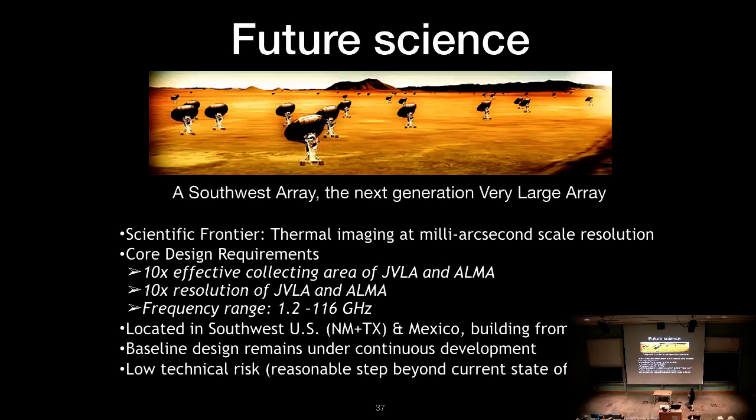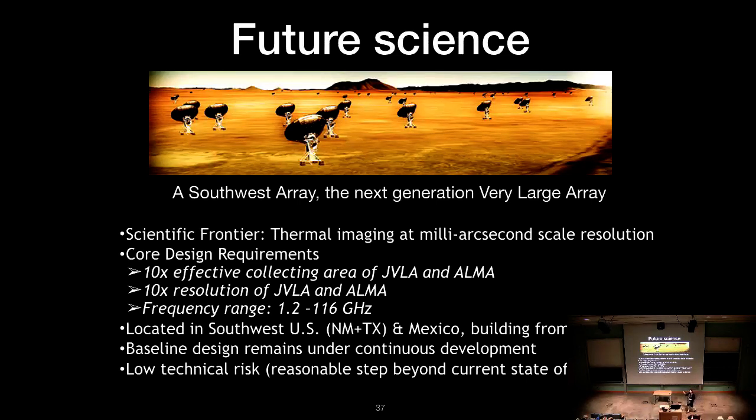So I'm a member of a science advisory council for something called the Next Generation Very Large Array. This is a sort of successor to the current very successful Jansky VLA. The idea for this telescope is to utilize the advantages of being in New Mexico. I think of this as filling the state of New Mexico with radio dishes.